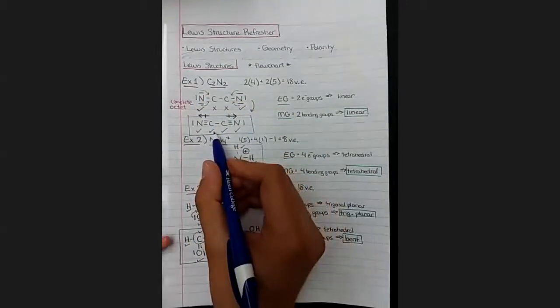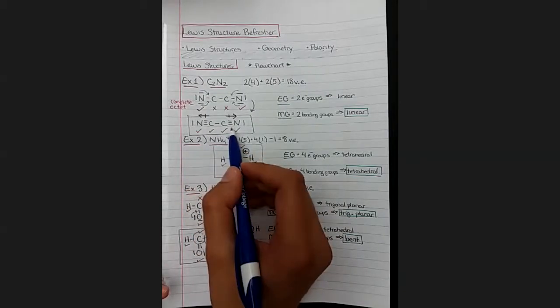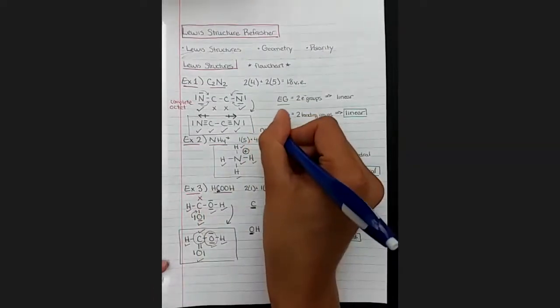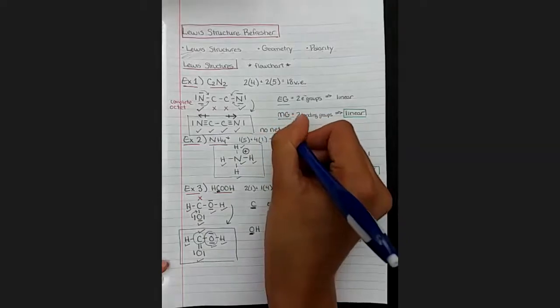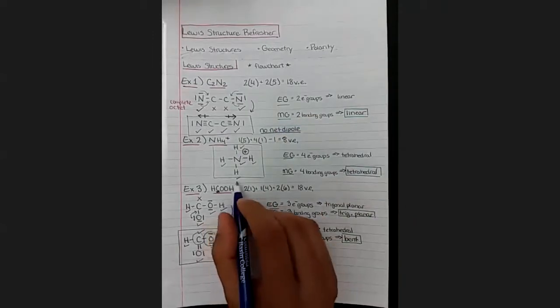So do we have dipoles? Yes, we have two small dipoles, but they point in opposite directions. So if we were to add these two together, we would find that there is no net dipole in this molecule. Okay, let's look at our second one.